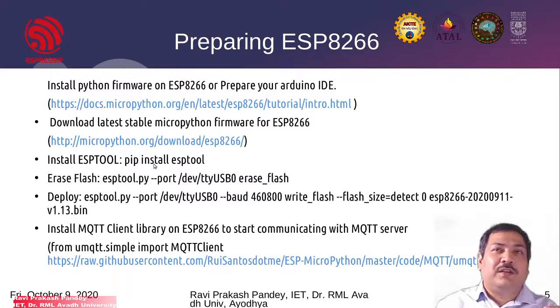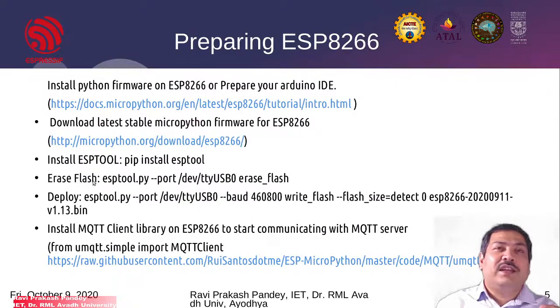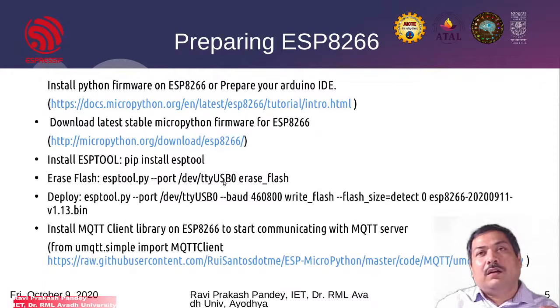This is much easier, you type in one or two commands and things are done. The first step is to erase the flash, which is done with the help of the esptool utility. Here you have to select the right device name. If you are doing it on Windows, it would be COM1, COM2 or something like that. But since we are doing it on a Raspberry Pi that runs Linux, the device file name would be more meaningful, like this one.